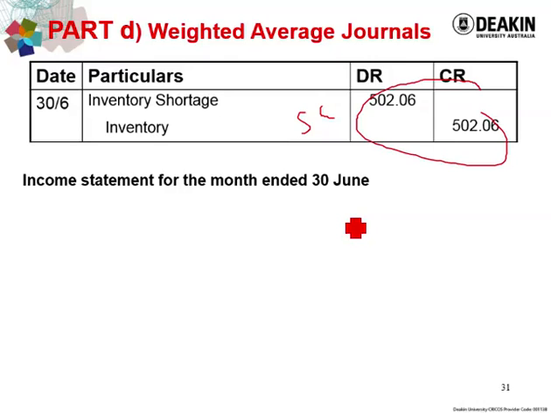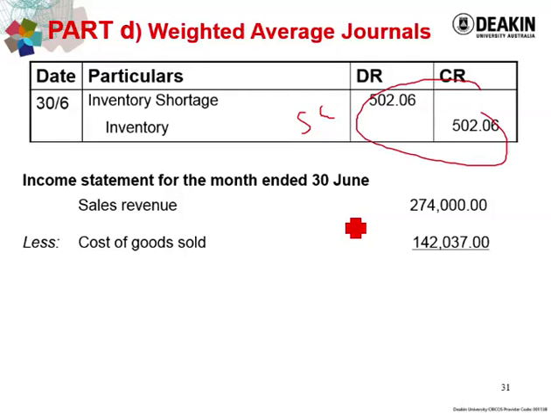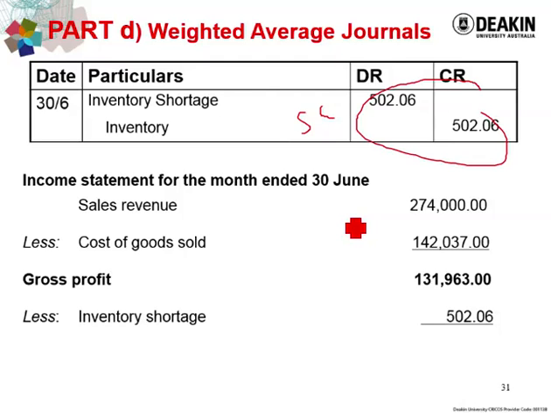And finally, let's have a look at part D of the question. This part requires us to prepare an extract of the income statement under the perpetual method. So we start with sales revenue 274K minus cost of goods sold 142,037 as identified earlier, and the gross profit is 131,963 minus inventory shortage expense 502.06.